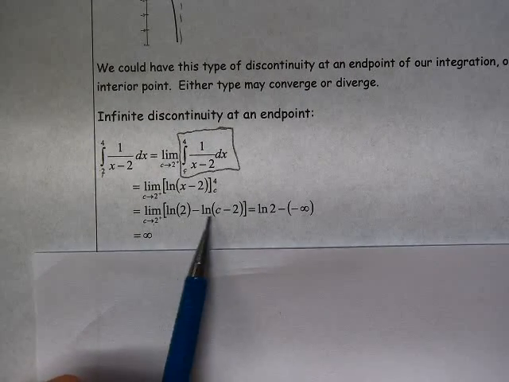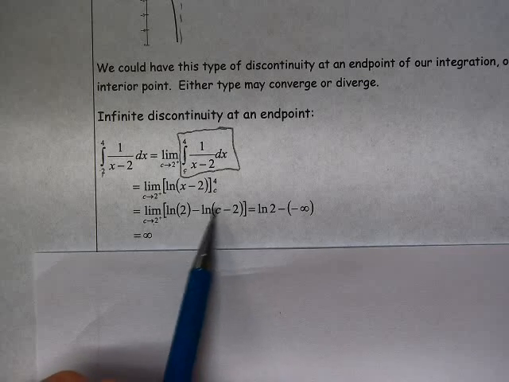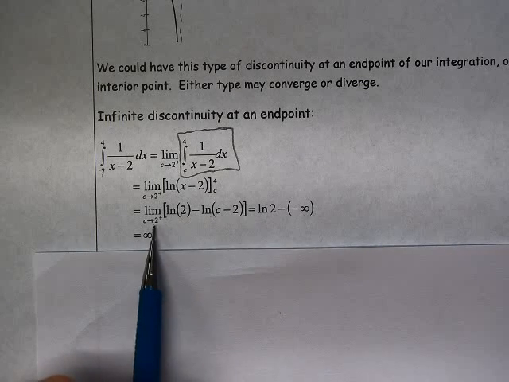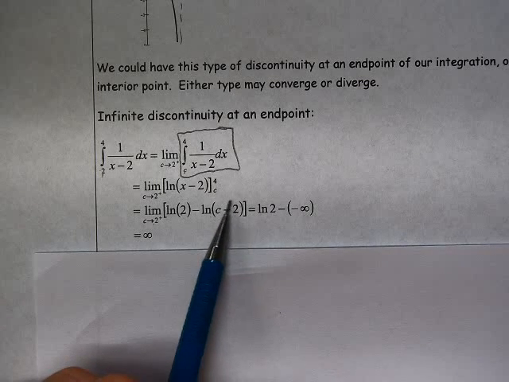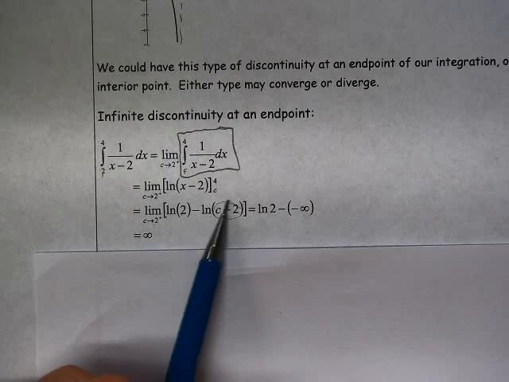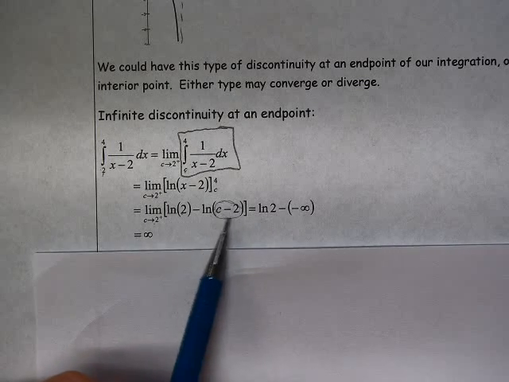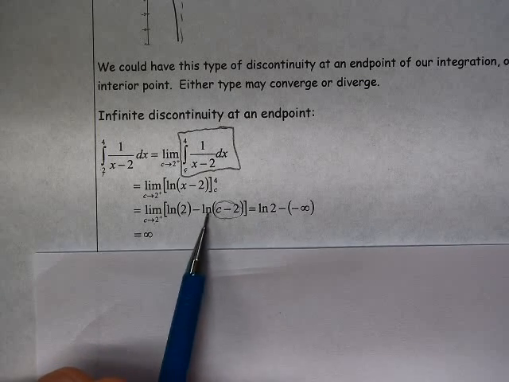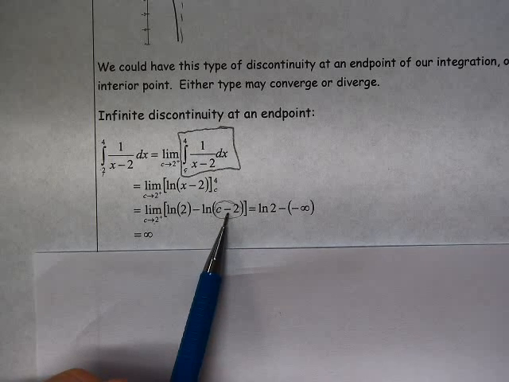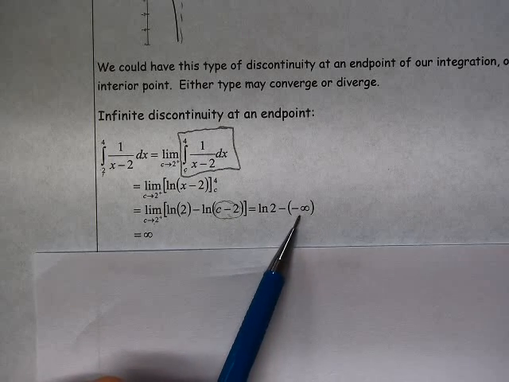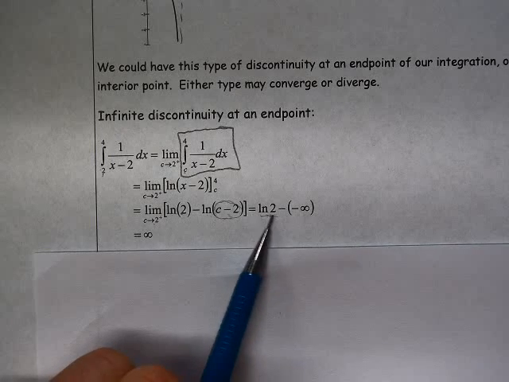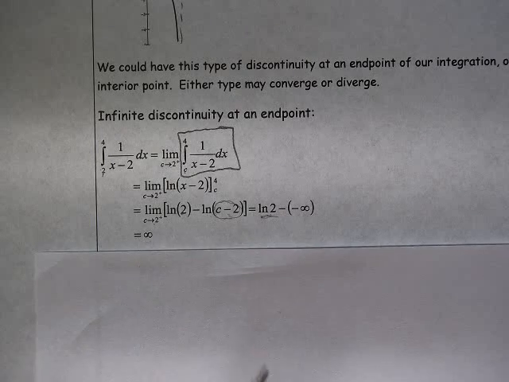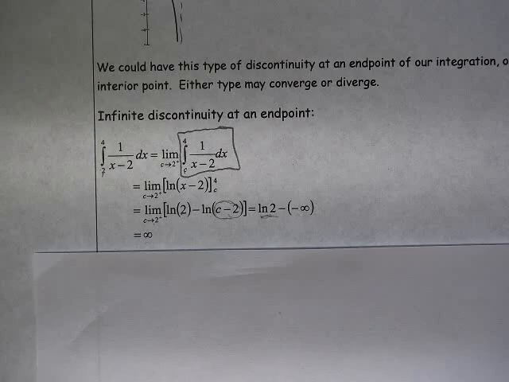That means this quantity in here is going to approach 0 from the positive. And that means the natural log of a value that's approaching 0 from the positive is going to approach negative infinity. Alright, so now I have natural log of 2, which is just a constant, plus infinity. So I get infinity as my final answer there.